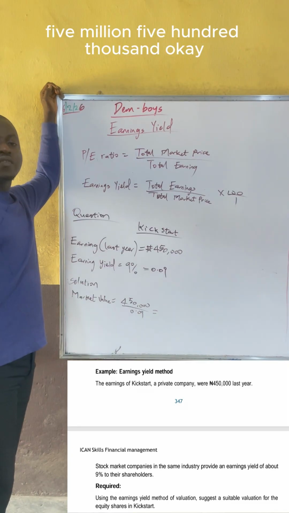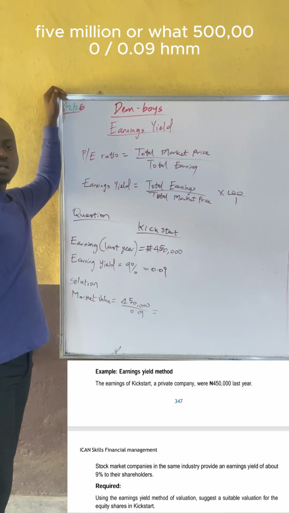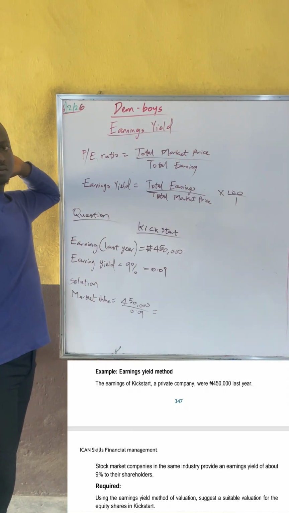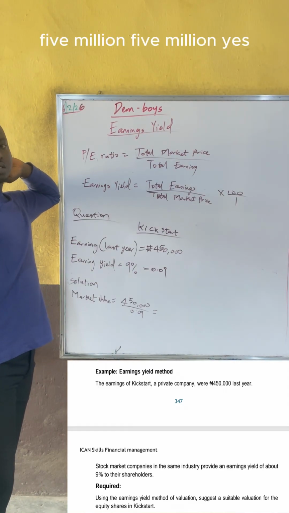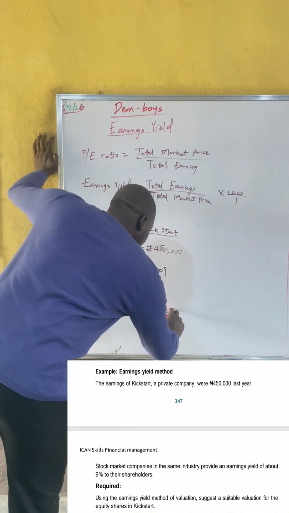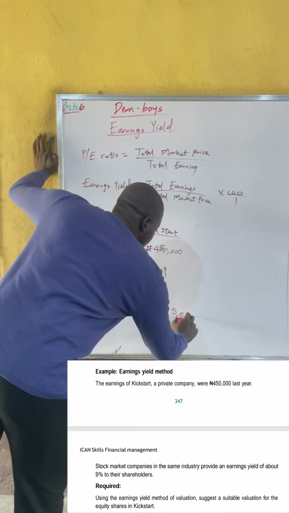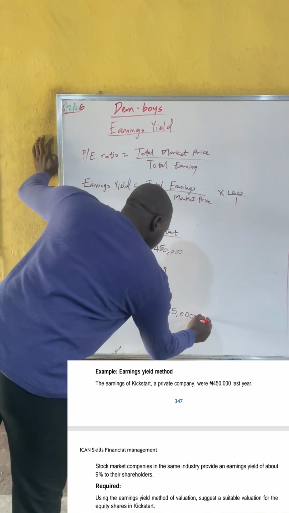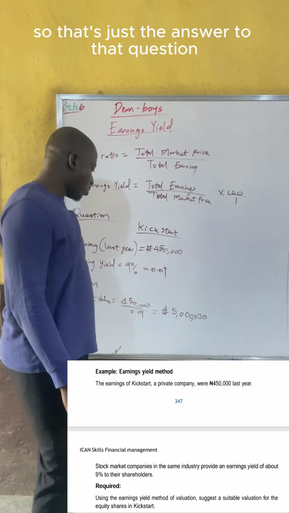So we're having 5 million. So that's just the answer to that question.